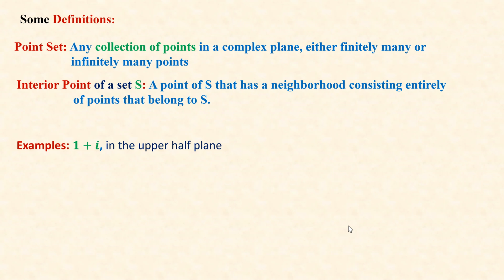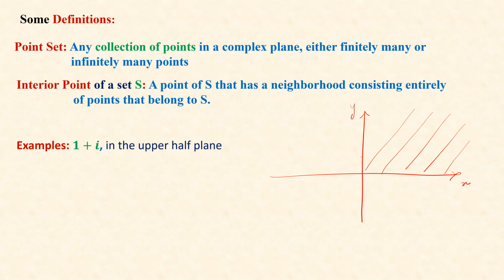Consider all the points that are in the upper half plane of the complex plane. This is the set of all the numbers in the upper half plane, and 1 plus i is this point. So this is an interior point.